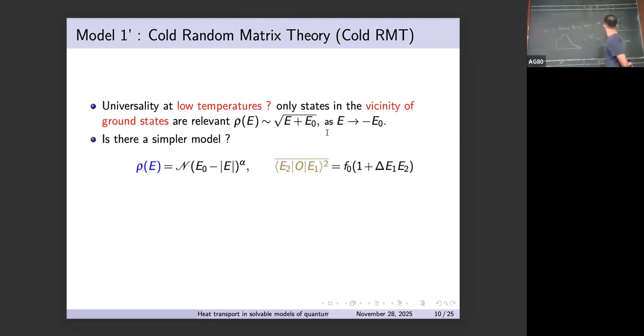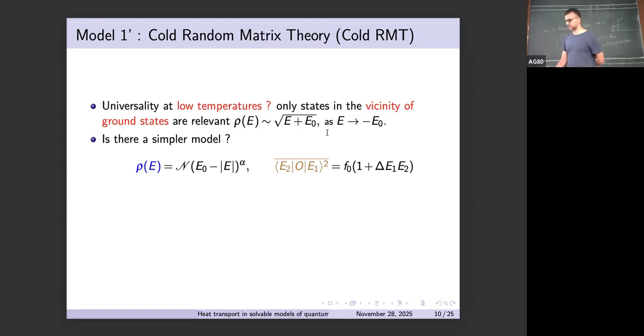Instead of half, we could say some alpha. Anyway, inventing models, I might as well invent a model. We couldn't find a microscopic version of it, where random matrix theory gives you root. But if there's some other matrix model which gives this, we could not see. In fact, mostly I think there is a general statement that it has to be a square root kind of singularity in matrix models.